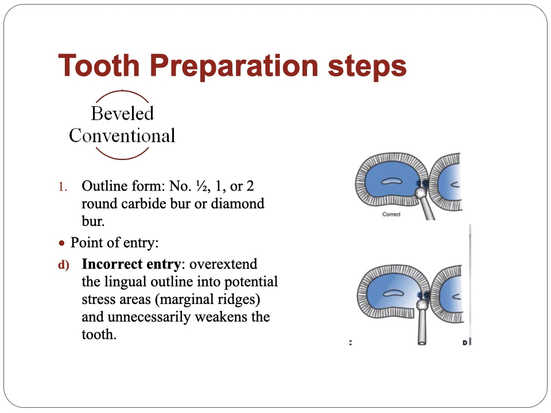This will remove more enamel on the lingual surface, and this will make an unconservative cavity preparation. It will enlarge your cavity preparation more than you need. So try your best to make the entry as conservative as possible to protect more enamel on the lingual surface and make your cavity or the restoration as small as possible.